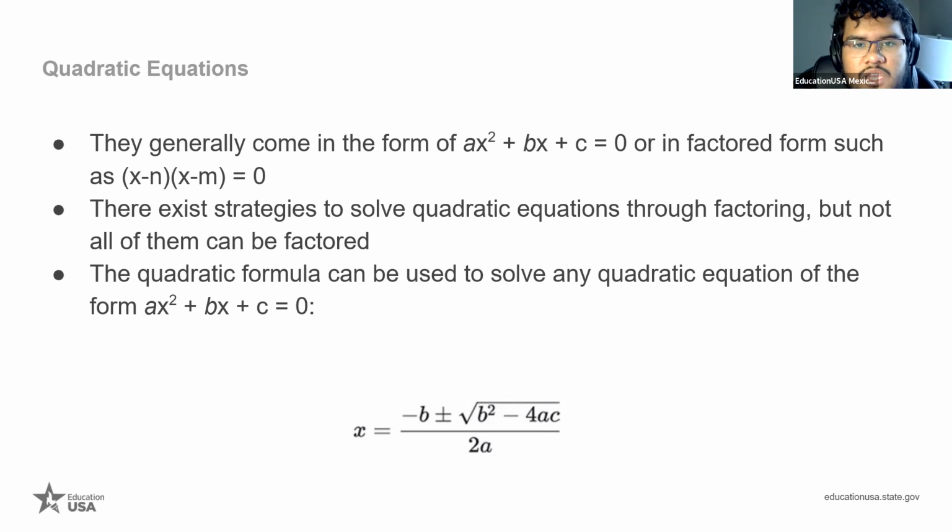The other possibility is that the inside of the square root is negative, and that means the two solutions are imaginary, meaning if you were to graph that quadratic equation, it would never intersect the x-axis, because that's what's needed in order to have solutions. That's another way you can solve quadratic equations: by graphing them and looking at where the graph intersects the x-axis.